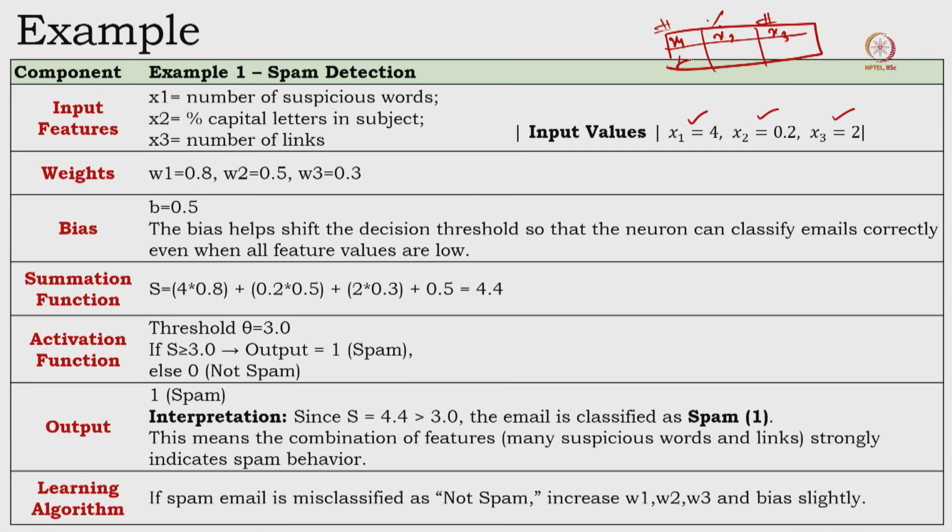For the first input, x1 is 4, x2 is 0.2 and x3 is 2. Let us assume you have a data set like this.